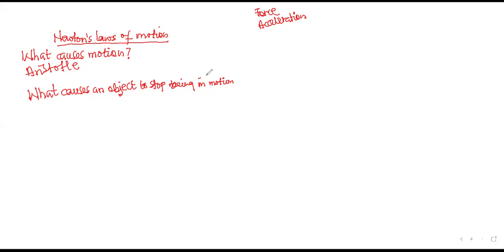That was Aristotle's view. So he was just saying that the body stops because the applied force is removed. Meaning, if I'm pushing you, Gideon, for you to continue being in motion, I must continue pushing you. The moment I stop applying the force on you, you stop. Is that what causes an object to stop?